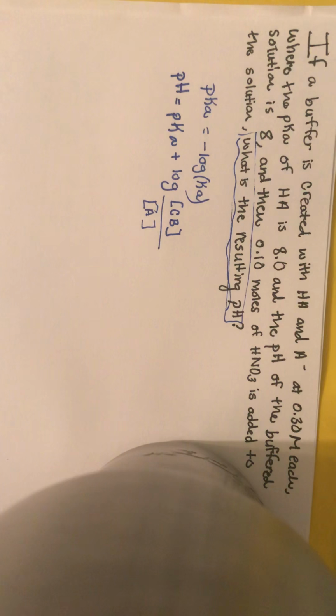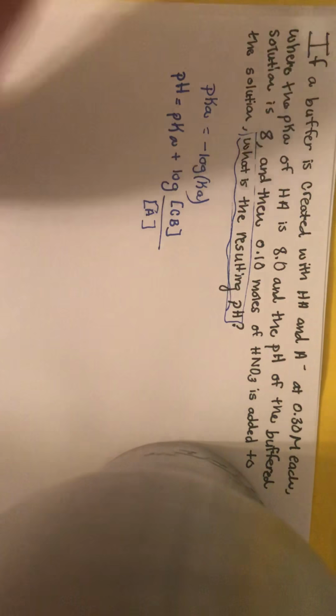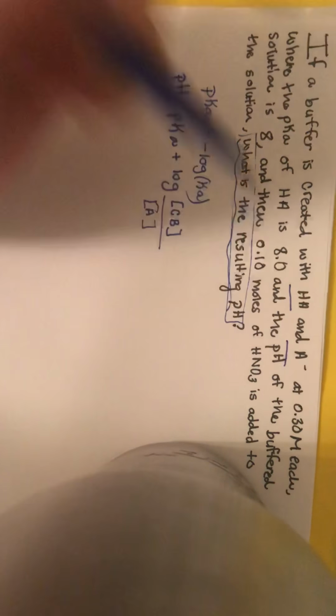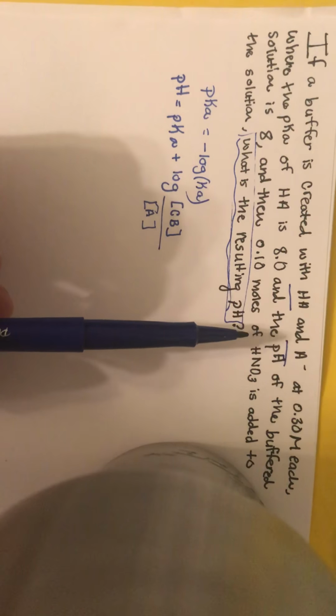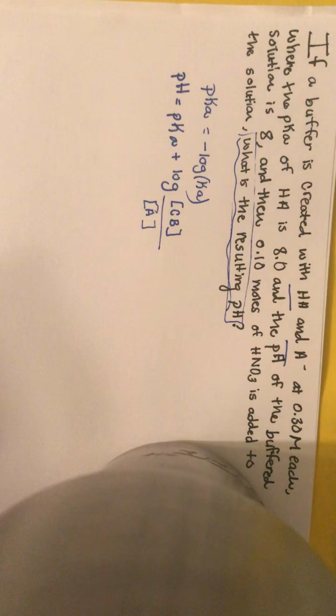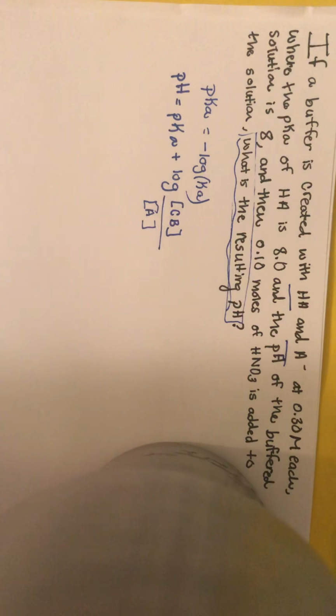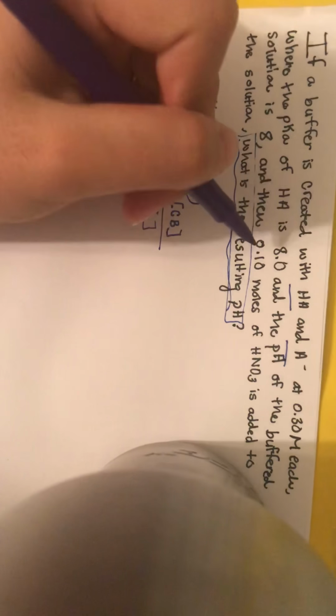Okay, so in this problem, you have 0.3 molarity of both the HA and the A-, which is kind of like the conjugate base and the acid. But you're adding 0.1 moles of HNO3, which is an acid.